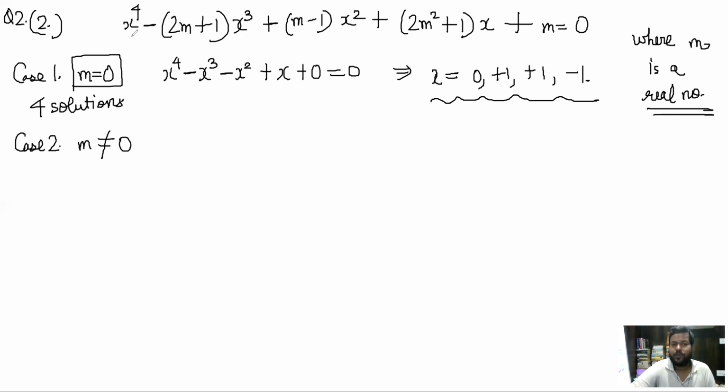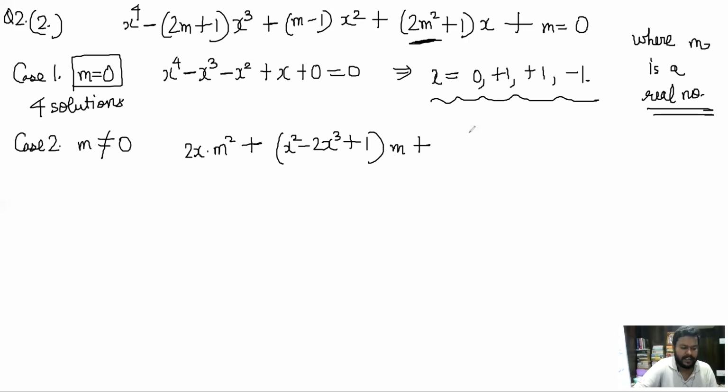And obviously, there's no quadratic that can be found for x, but there is a quadratic that can be found for m, right? So I will write it as 2x m square plus x square minus 2x cube plus 1 into m plus x power 4 minus x cube minus x square plus x is equal to 0.